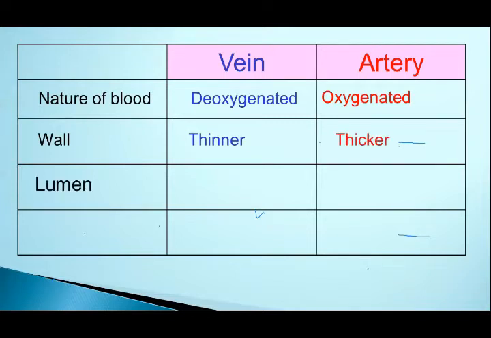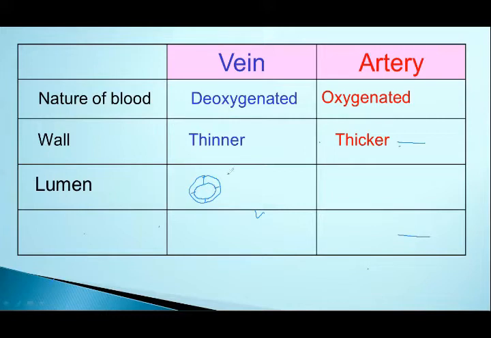Now lumen is basically the space which is enclosed by the walls of arteries as well as veins. For example, say here you have a pipe, and say this is the wall that you can see. So this particular thing that you have here, this will act as the wall. Got my point?